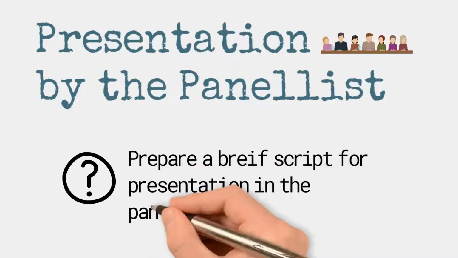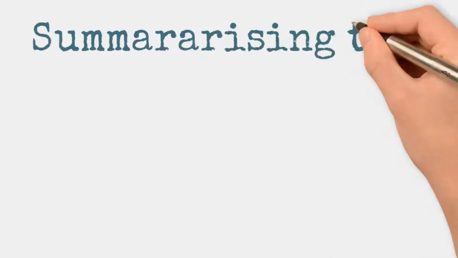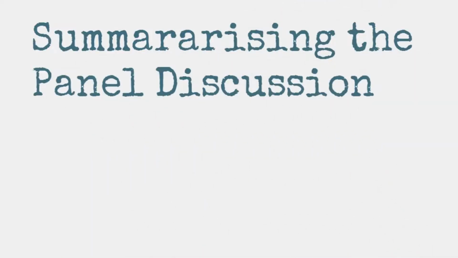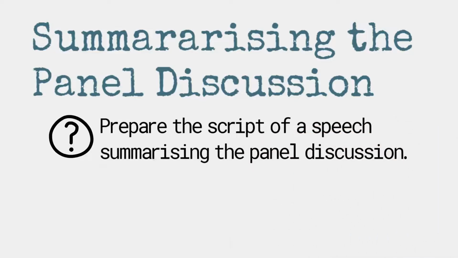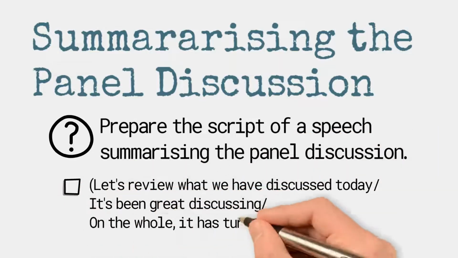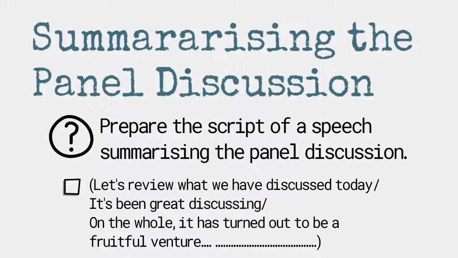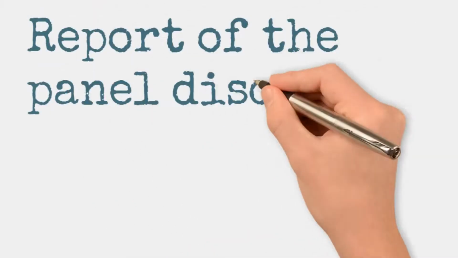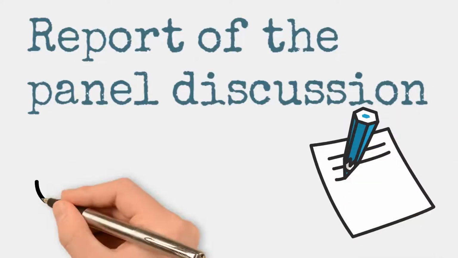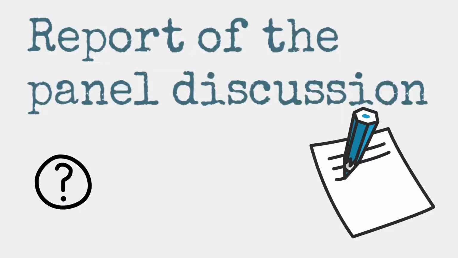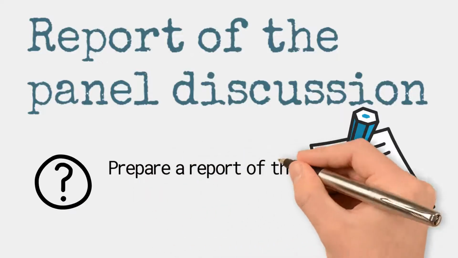Third one is the summing up of the key points discussed by the moderator. It is conducted after the discussion. Now the fourth and the last one is to prepare a report of the panel discussion conducted. So these are the 4 discourses from the examination point of view.